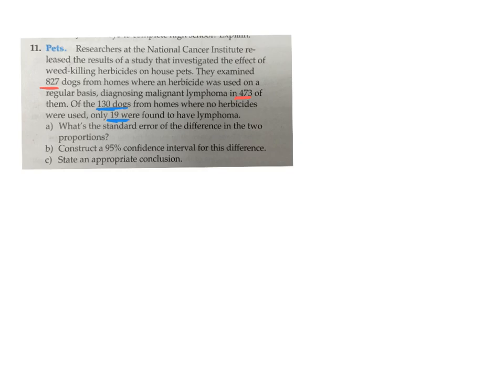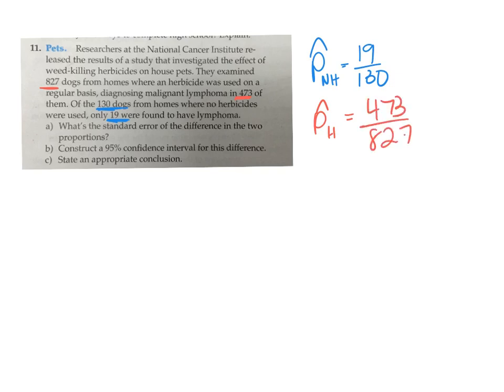So here we have, again, two sample sizes, right? Two separate samples, and we have successes, so we have two proportions. So P hat with no herbicide is 19 out of 130. And then P hat for herbicide is 473 out of 827.